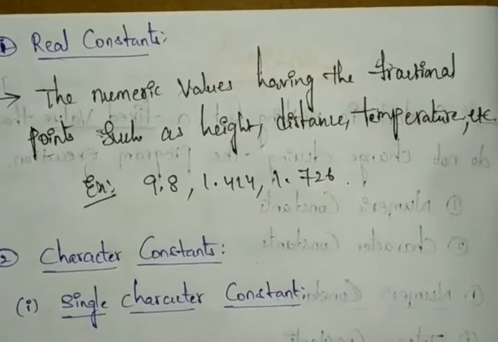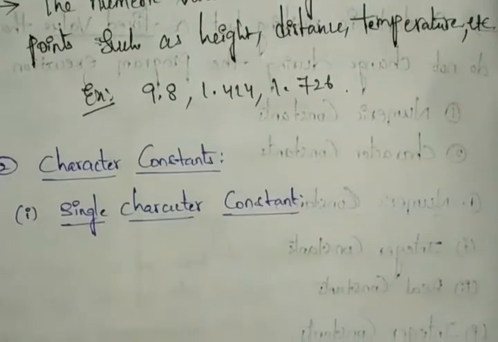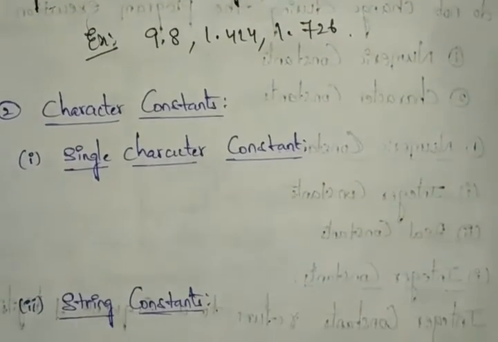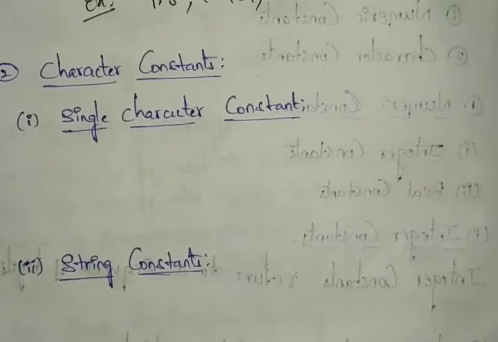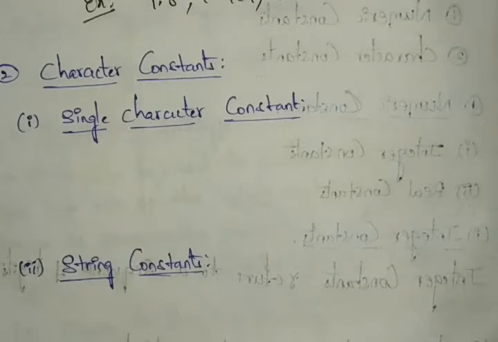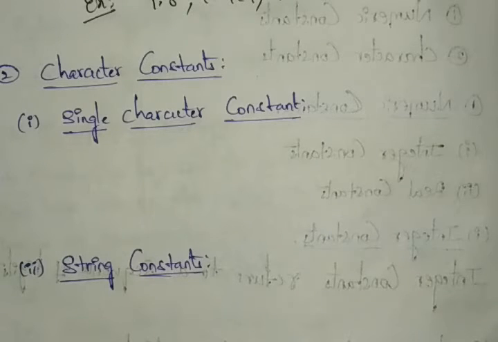And next we have the character constant. These character constants can be divided into two types. One is the single character constants. These single character constants have single characters only, whatever alphabets you have. In total we have 26 alphabets, right? Those are your letters, or we can call them characters.